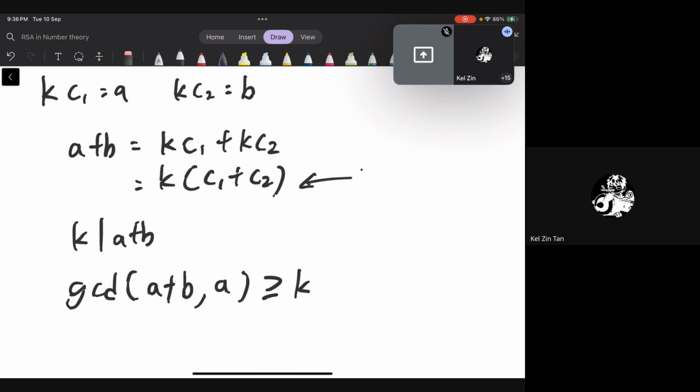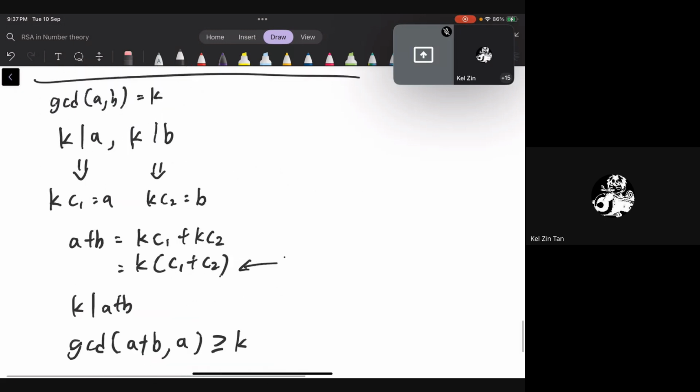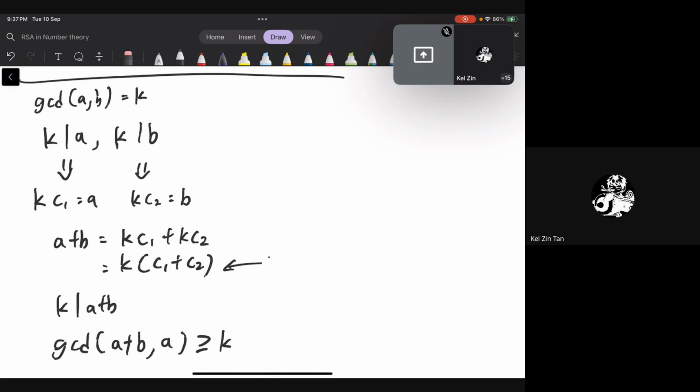So now we need to prove that it is indeed K and not larger than K. But how do we prove it? Do you understand the problem here? It is only at least as large as K, but not yet equal to K.